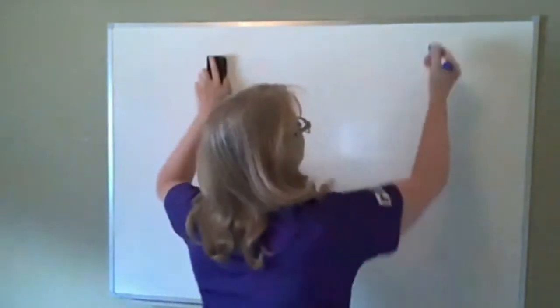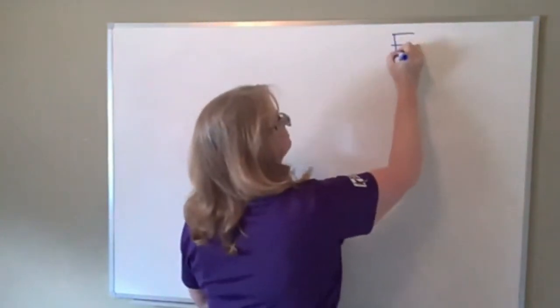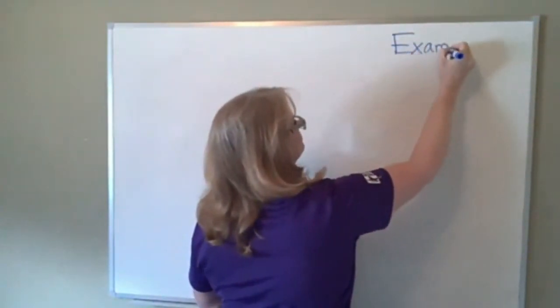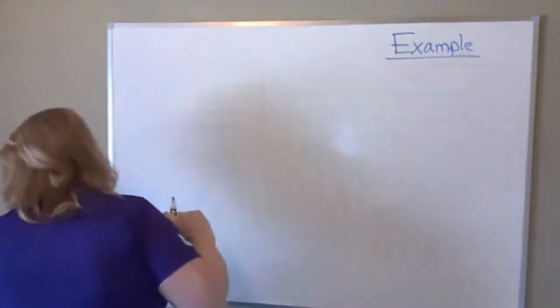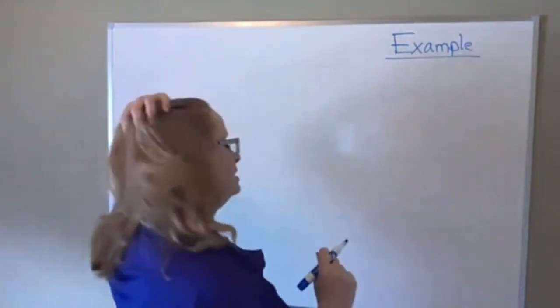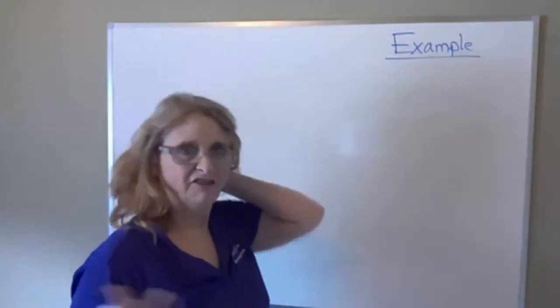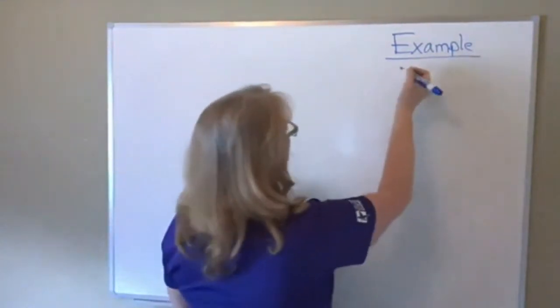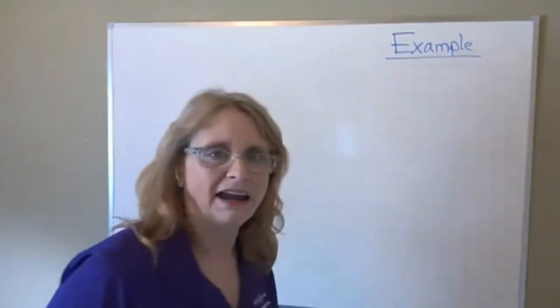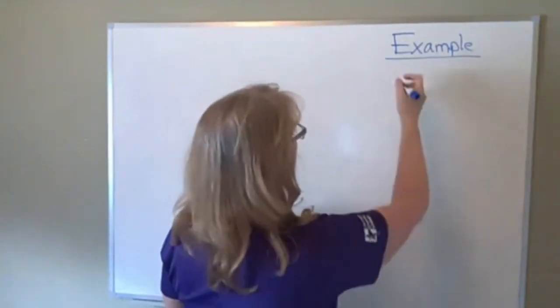I think I'm going to put it over here. Let's just have 5 numbers, and I'm going to make them easy numbers, okay? So we'll make grades just because we're used to that.